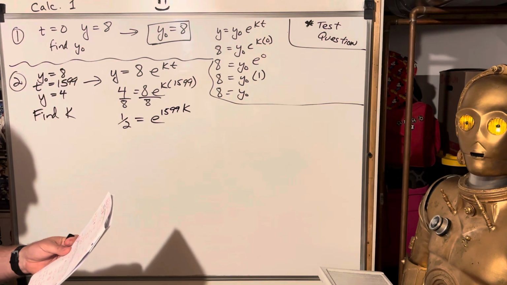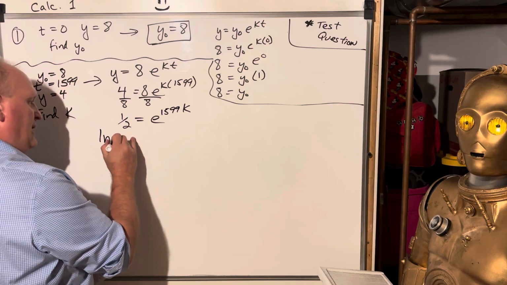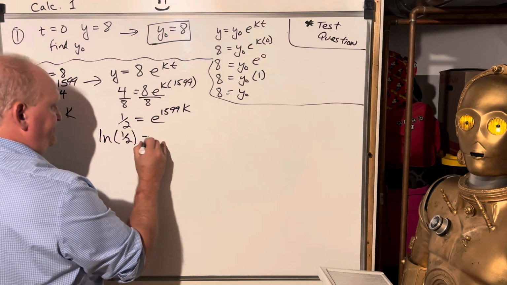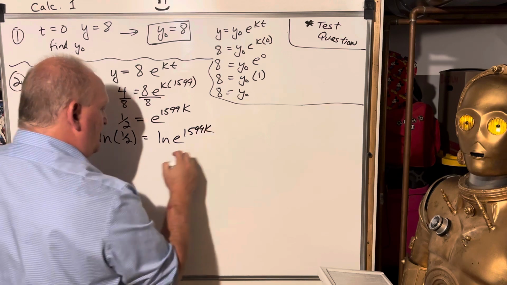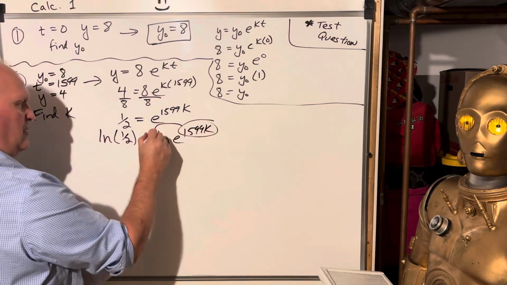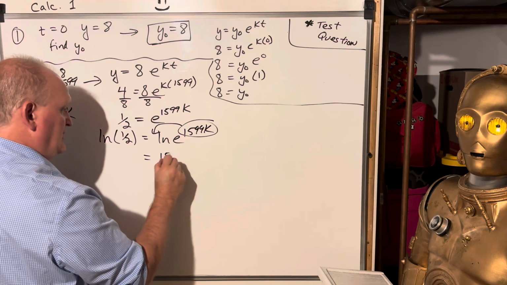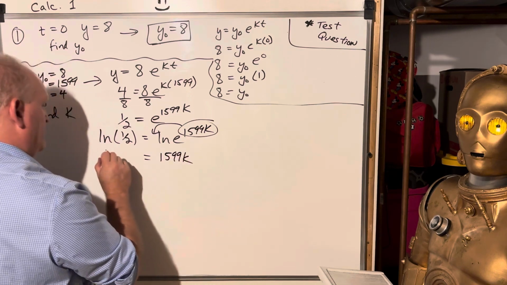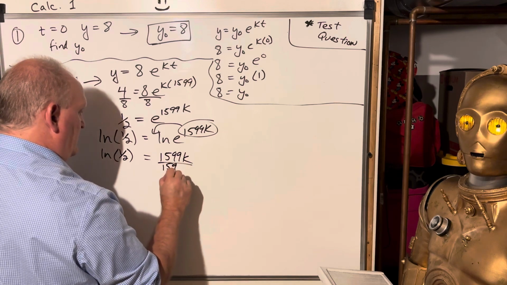Again, it's a half-life. All right, now we're going to do the natural log, both sides. And then that allows us to basically take the power, the exponent, pull it down. That's 1 times that. So 1599K is ln 1/2, and then divide by 1599.